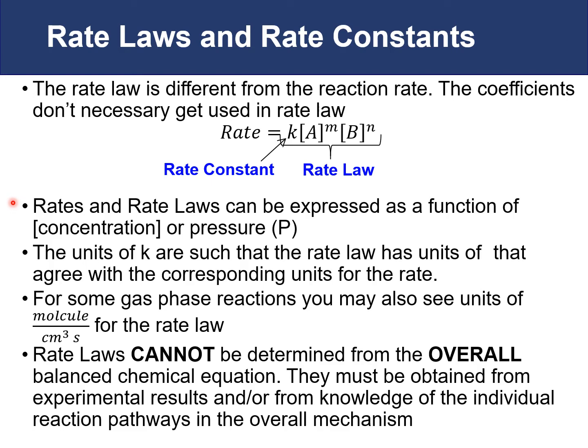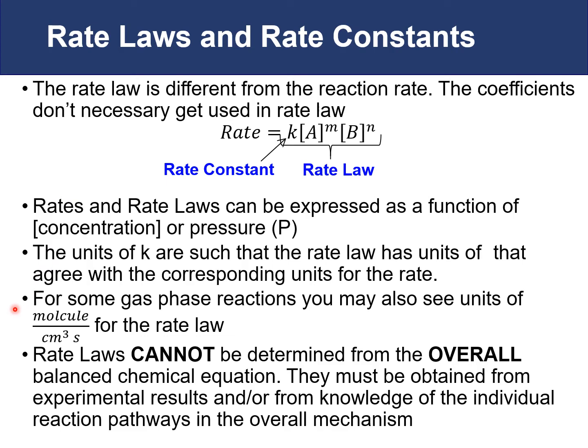Although even if you're in the gas phase, moles per liter will still work. The units on K are going to change, and they change based on what the rate law is. Because the rate is always expressed as moles per liter per second, and you can have varying concentrations raised to different powers, the purpose of the rate constant is to help you get the correct units when you're all done.